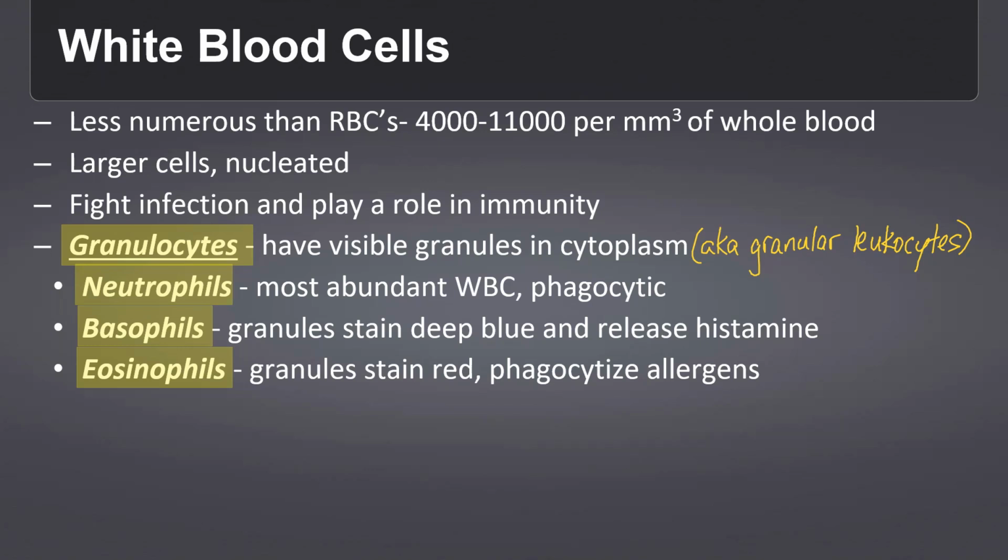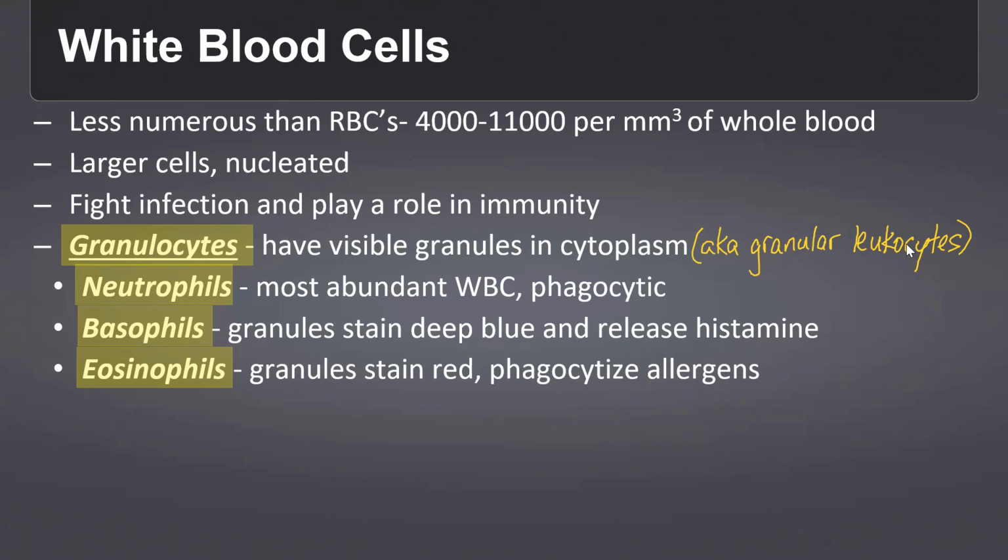Basophils stain blue and release histamine in relation to an allergic reaction, like seasonal allergies. And lastly, eosinophils stain red, and they phagocytize allergens, things like pollen, so that they're not causing irritation around your body.